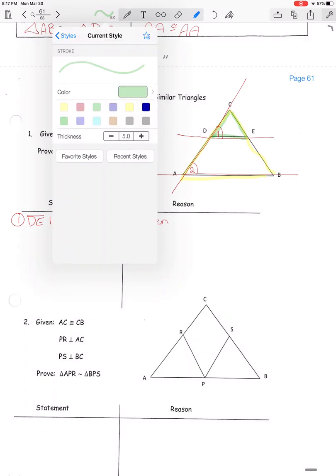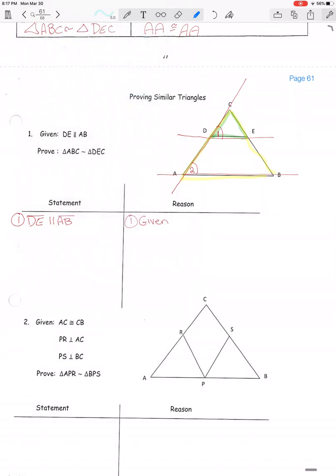So let me point that out to you if you didn't see it. If you look at your other transversal, that's also going this way. So I have my parallel lines cut by my blue transversal. So again, we would have angle 3 and angle 4 because again, they are in the same spot.